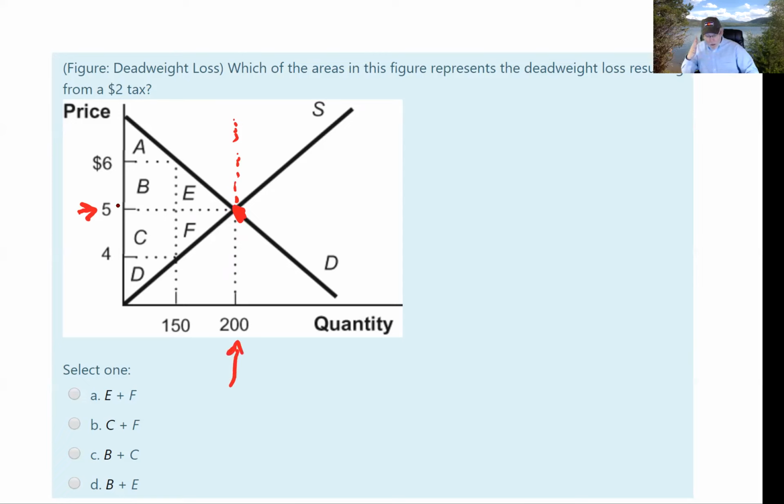Well, if there's now a $2 tax they're going to have to pay, then they're going to have to get paid $7 in order to motivate them to produce that same quantity. So a $2 tax on the producers would shift the supply curve up by $2, okay?